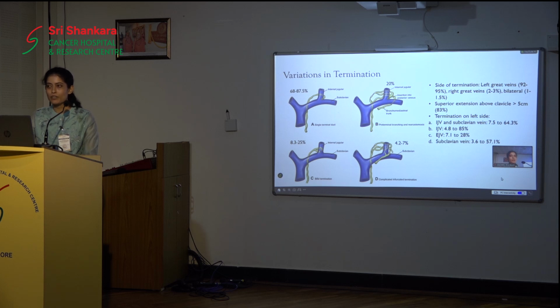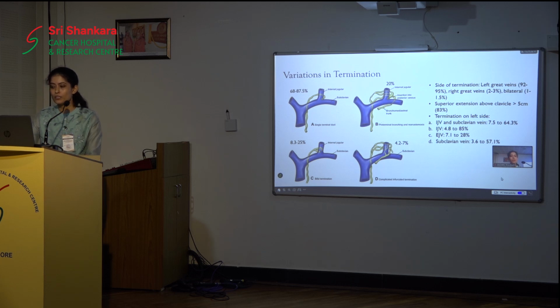During cadaveric studies, it has been noted that the junction of the internal jugular vein and the subclavian vein is the most common area of drainage of the thoracic duct. But you can also have drainage exclusively into the IJV, or into the subclavian vein, and sometimes even into the external jugular vein.